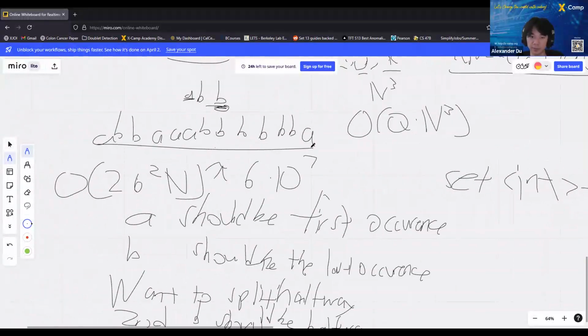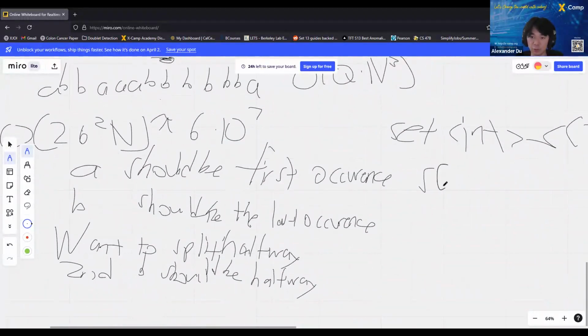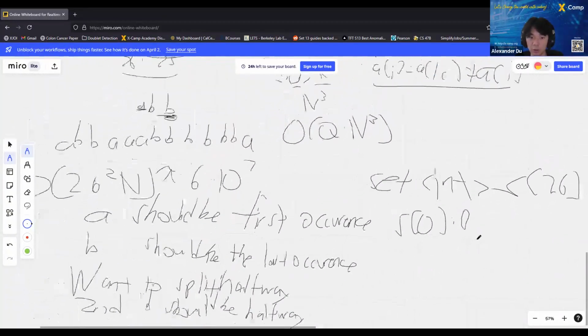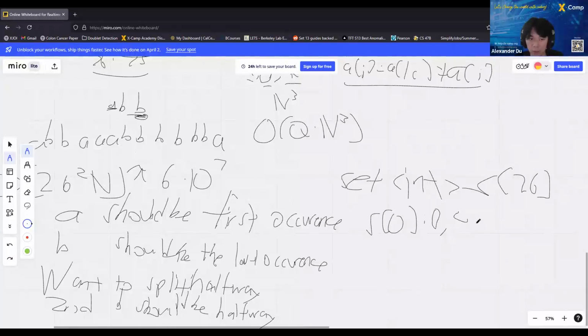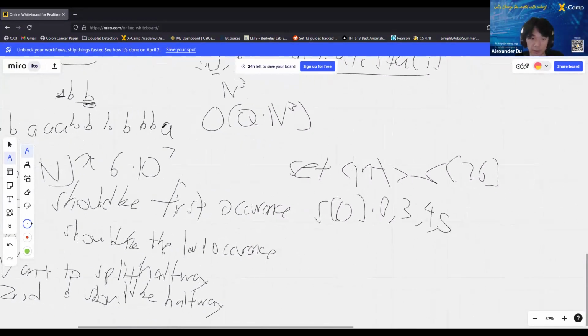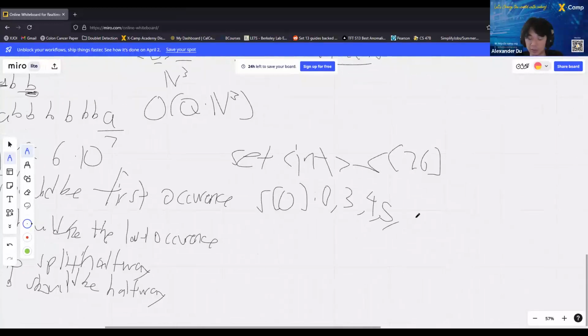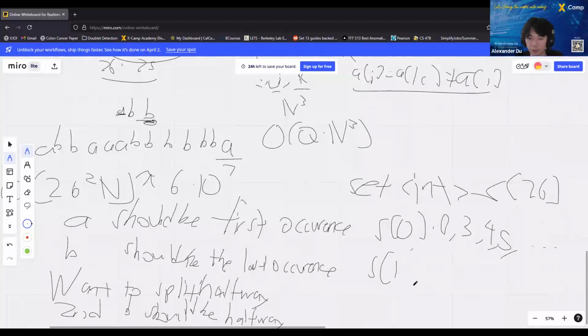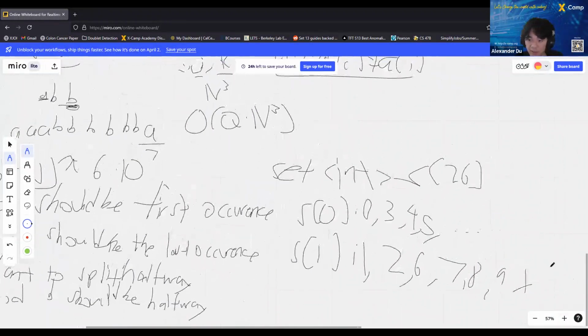So for this array, S of 0, which stores A, will store 0, 3, 4, 5, and then the last character, whatever it is. I forgot what the last one is. And then S of 1, which stores B, will store 1, 2, 3, 4, 5, 6, 7, 8, 9, 10, 11.